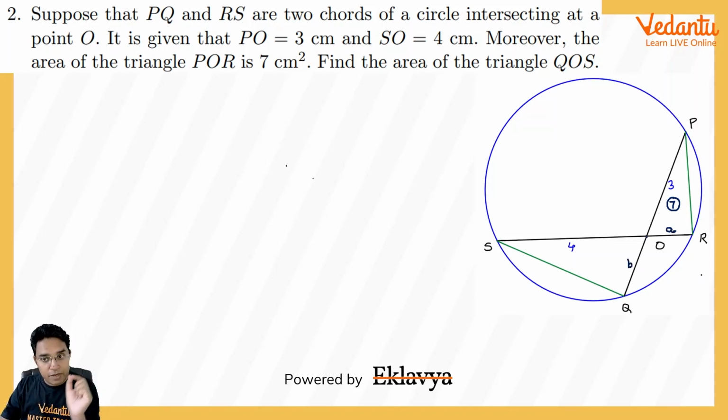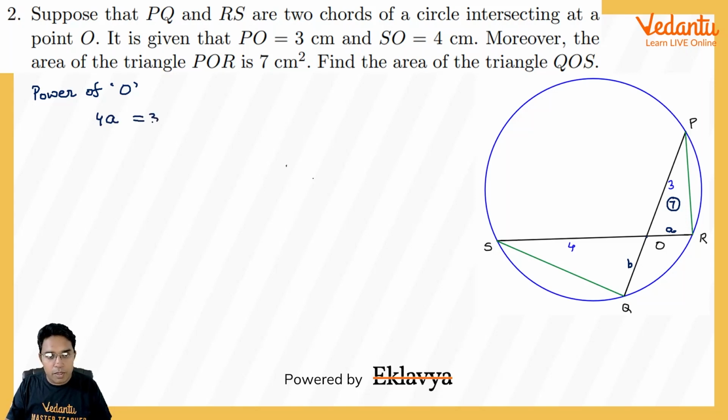Now, there is one very immediate result that should come into our mind: using the power of the point O with respect to this circle, the product of lengths about O, that means 4 into a and 3 into b, should be equal. So that is one relation that we should be getting directly after looking at this diagram.